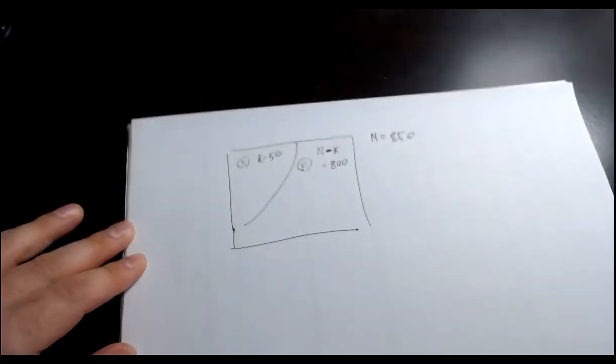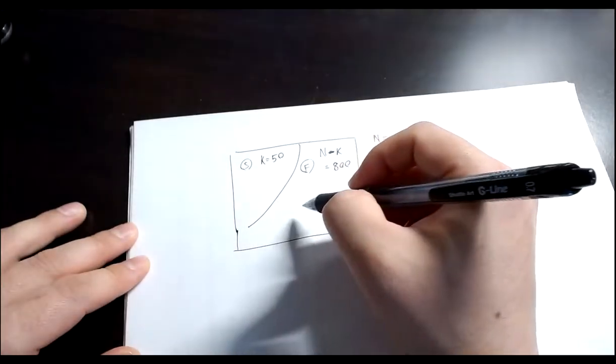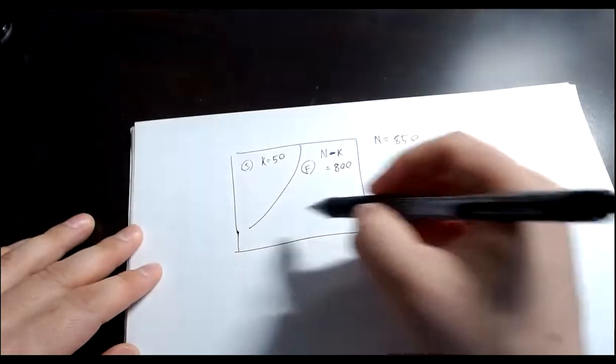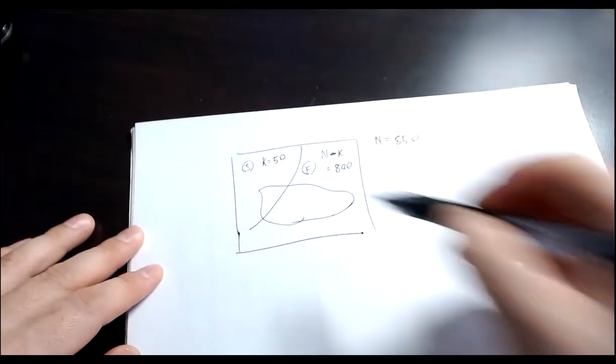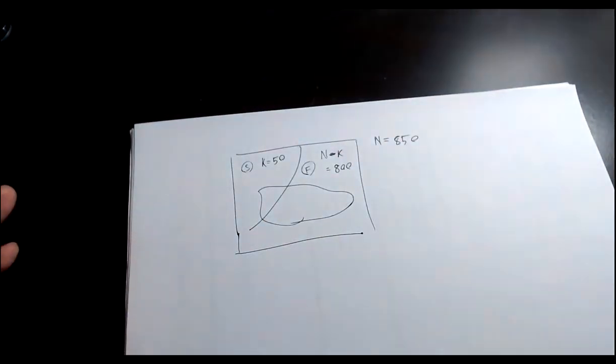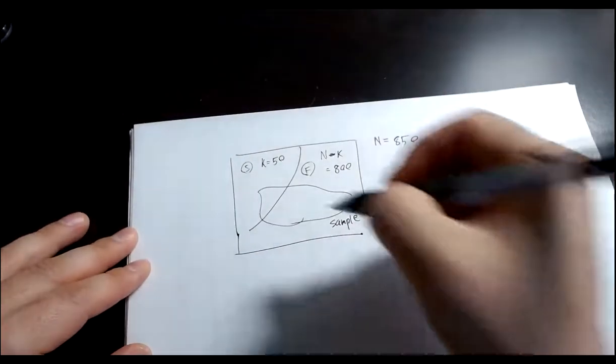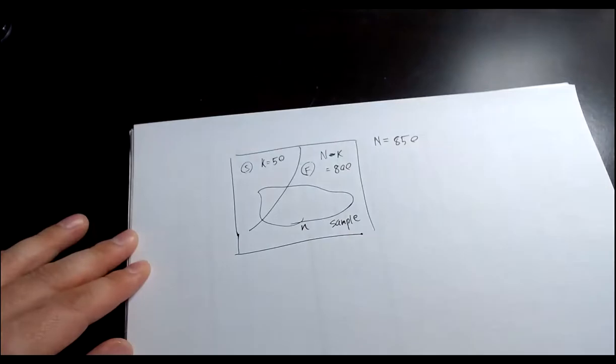For example, let's say we select the parts randomly to get a sample like this. Just a sample, with sample size n right here.